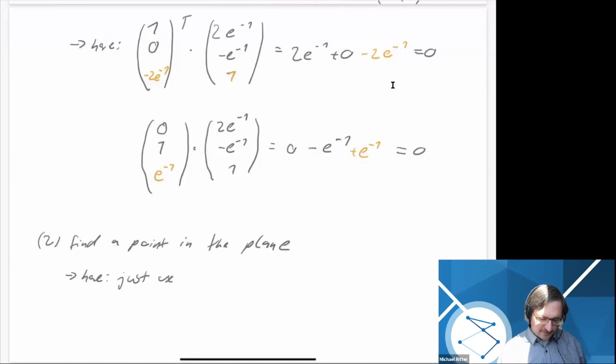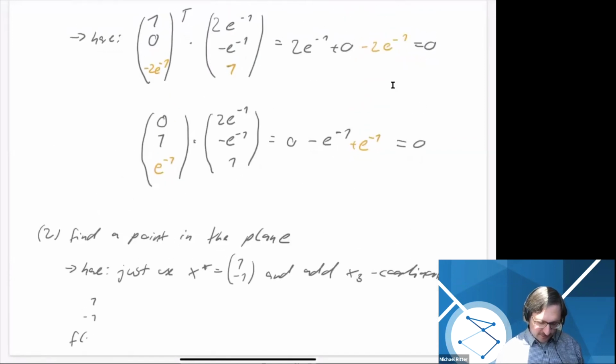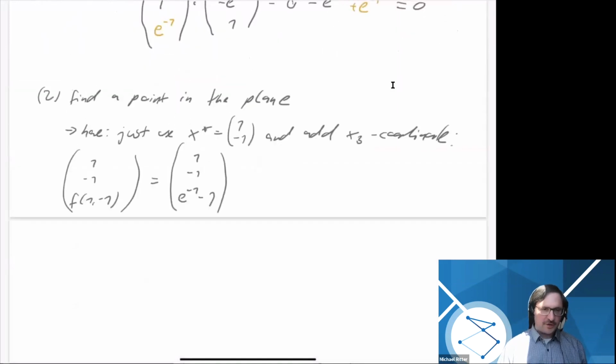Just use the point x star, 1 minus 1. And then, of course, we need to add the x3 coordinate. That x3 coordinate is just the function value at 1 minus 1, and we computed that one already. So it's 1 minus 1, and the function value was e to the minus 1 minus 1. So we can just use that point.